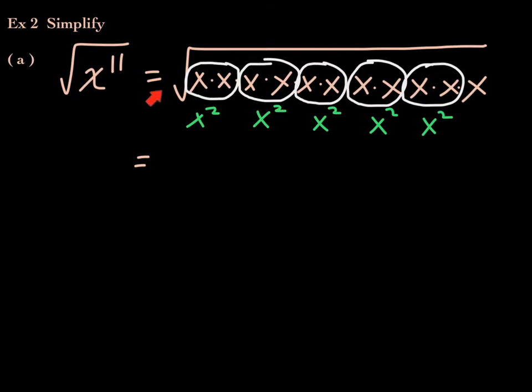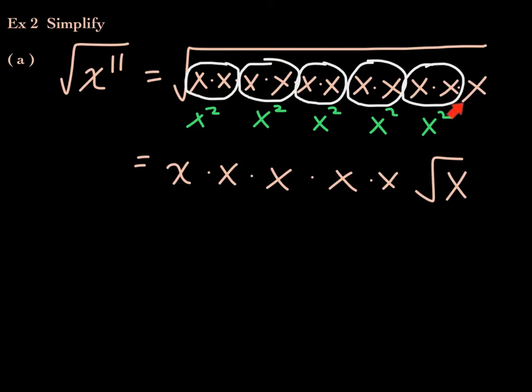The square root of x squared is just x, times the square root of another x squared, that's another x, times another x, times another x, times another x, right, everybody? That was the square root of x squared five times. 5 of them. Now what is left inside? 1 x all by itself, right?